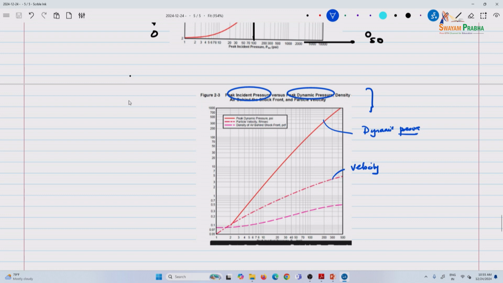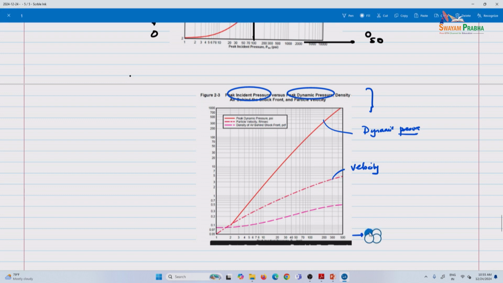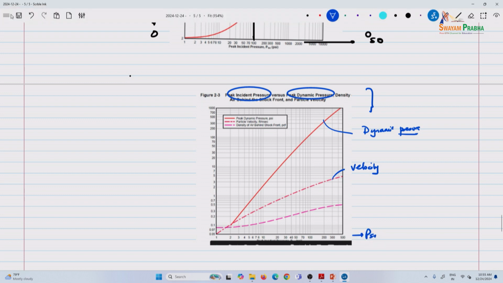Just to get some numbers again, this is PSO, and again up to 100, it is almost a linear variation, but this is in the logarithmic scale. So, keep in mind that it is an approximate log-linear variation.